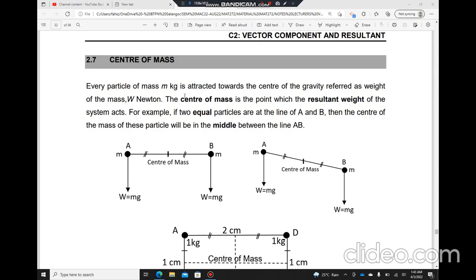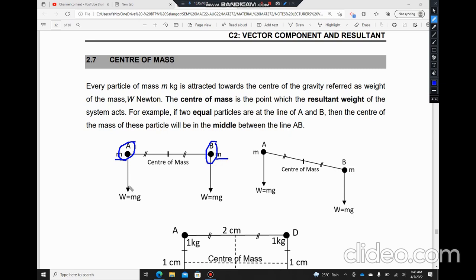Okay, so sekarang ni kita akan tengok center of mass. For example, kita ada dua particles at line A and B. So for example, kita tengok figure 1. Okay, so you have A and B, and then at A and B we have mass.